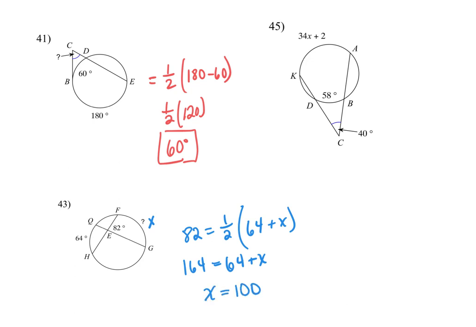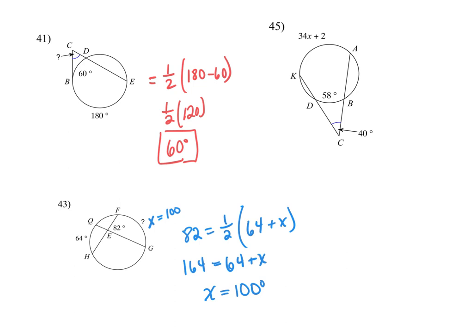So that arc measure should be 100 degrees. And you can double check it. 100 plus 64 divided by 2 is 82. And so if they intersect on the inside, it's the half of the sum. If they intersect on the outside, it's half of the difference. Half of the difference.